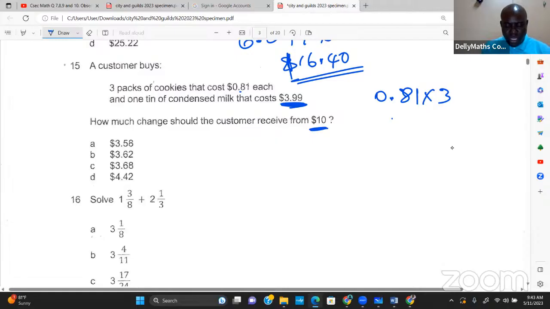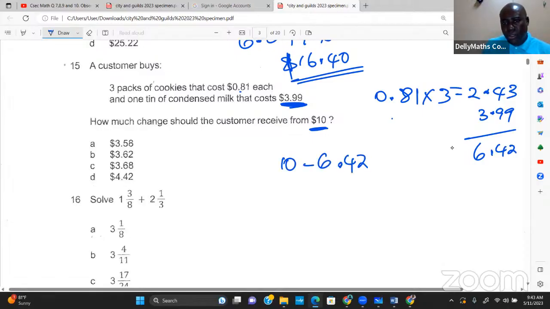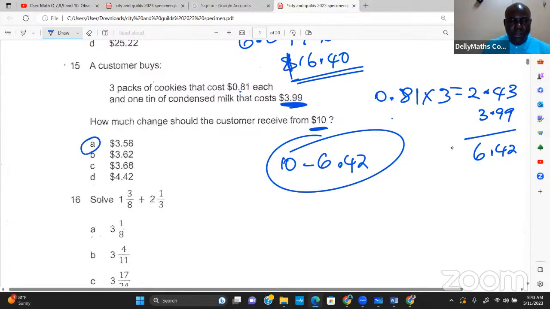So 0.83 times 3, this is about $2.43. And I want to add my $3.99 to that, plus $3.99, and that's going to be $6.42. Then I want to take 10 from that. So 10 minus 6.42, and that's going to give you that.